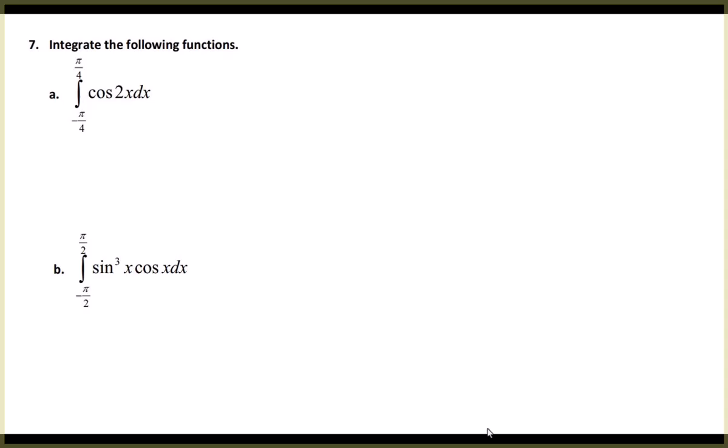Hot dog. Trig. Now notice it's going from -π/4 to +π/4. There's the little signal that, oh, maybe we better look for odd or even. So we better check. So I ask myself, does cosine x equal negative cosine negative x?